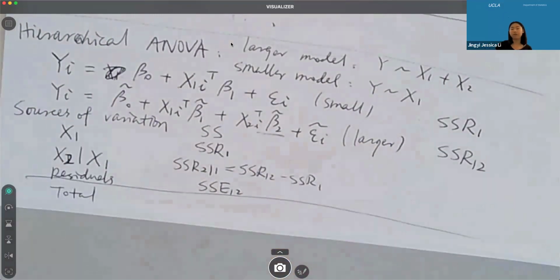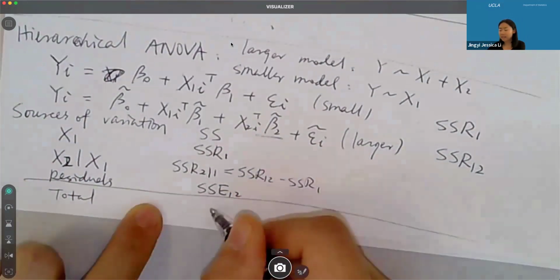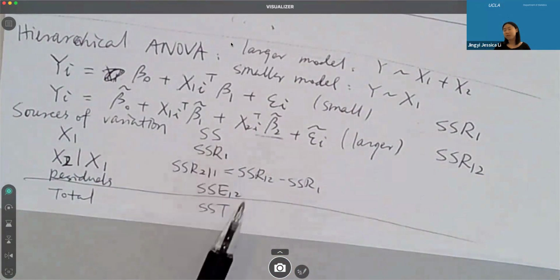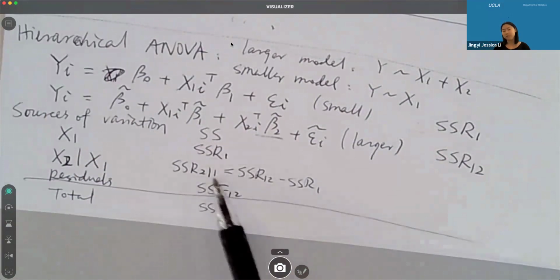It's from fitting the full model. And here SST. So you see in hierarchical ANOVA, when we do the decomposition, we're decomposing SST into three terms: SSR1, SSR2 given 1, and SSE1, 2.